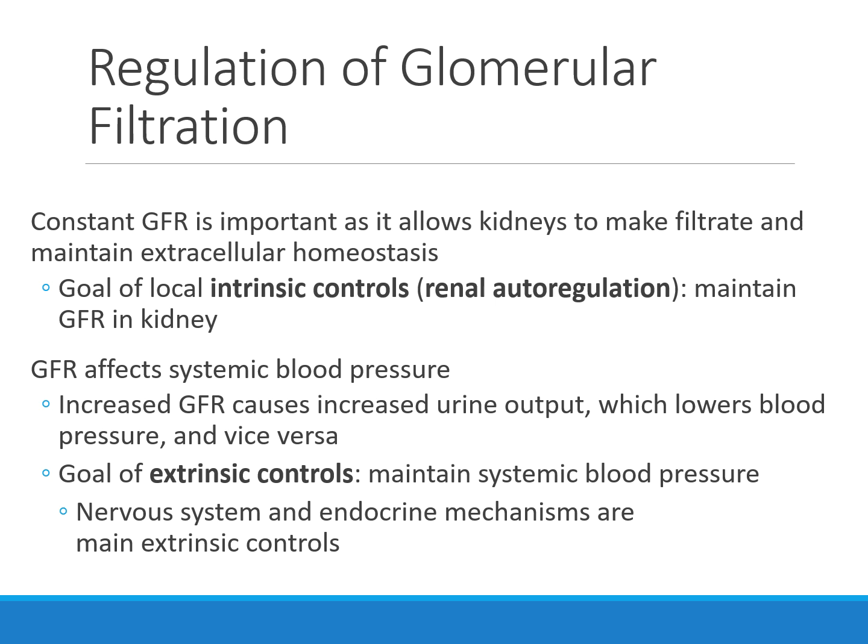An increased GFR causes an increase in the amount of urine that is produced, which lowers your blood pressure, and vice versa. So if you have too much water in your blood, you increase your GFR, and you push out more water in your urine, and you lower your blood pressure. The goal of extrinsic control is to maintain systemic blood pressure. So this is what the nervous system and the endocrine mechanisms are all about.